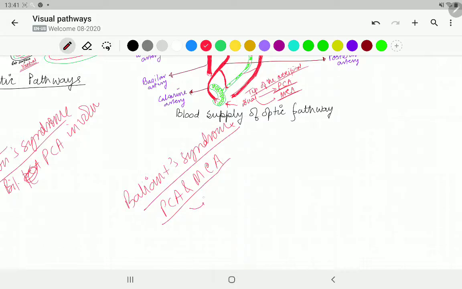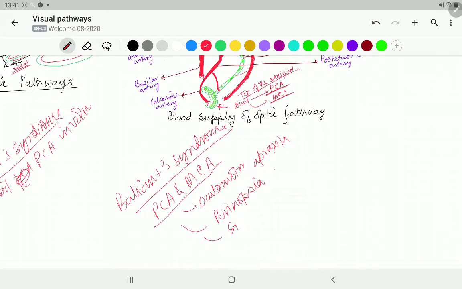So first, they can present with oculomotor apraxia, which is an inability to orderly do a visuomotor scanning of the surroundings. They can have palinopsia, where there is persistence of the image. They can have simultagnosia.